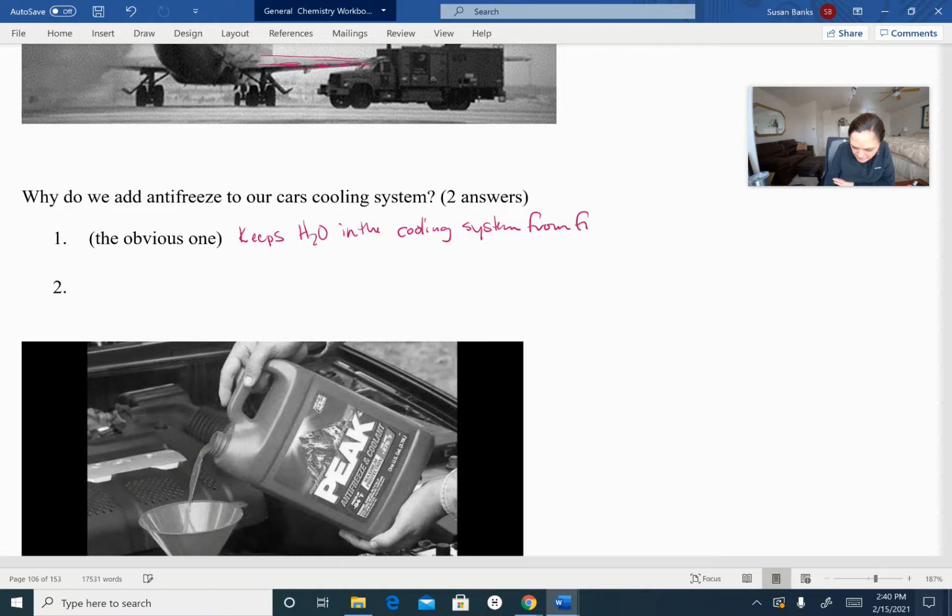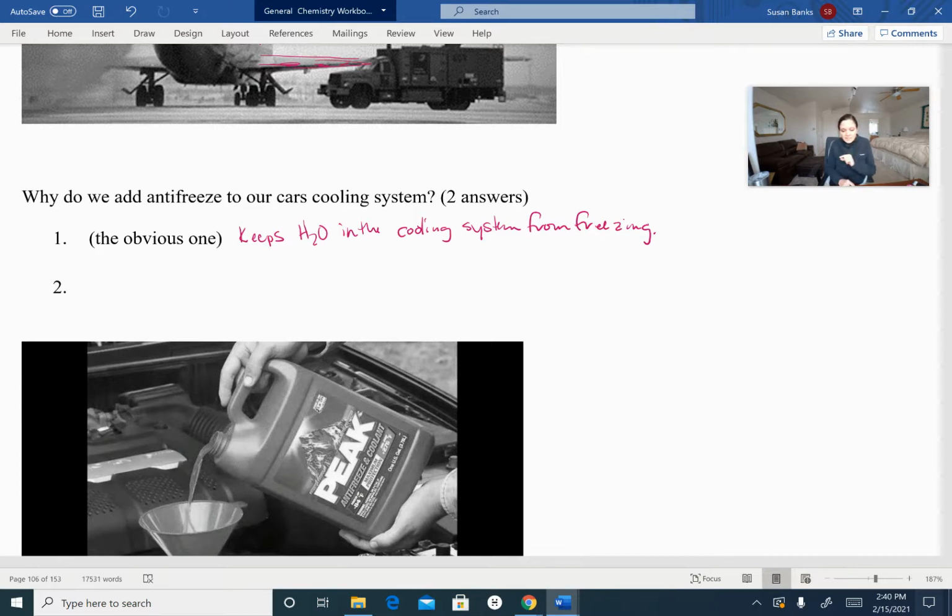Now, there's two reasons why we don't want the water in that cooling system to freeze. One, we want the water to be able to circulate and keep that engine cool, okay? And two, if you've ever seen water freeze, you know it expands. If that water freezes while it's still in the engine block and it expands, it would crack the engine block and you would have to get a new engine block. That's several $1,000s, by the way.